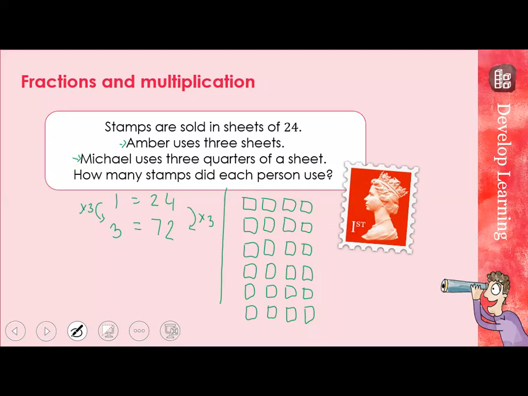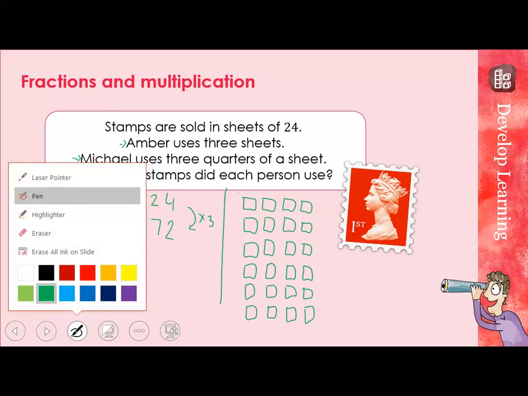So I have drawn this set of stamps out. There are 24 stamps in total. Now, Michael uses 3/4 of them. So let me divide these into 4 equal parts first to find 1/4. If you use 1/4 of them, that would be this set here.